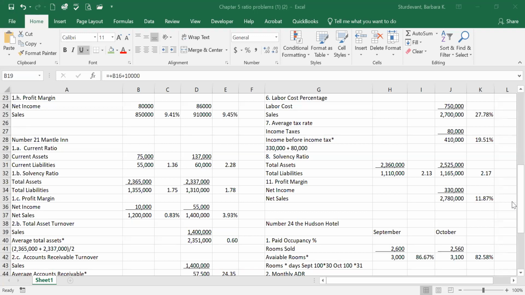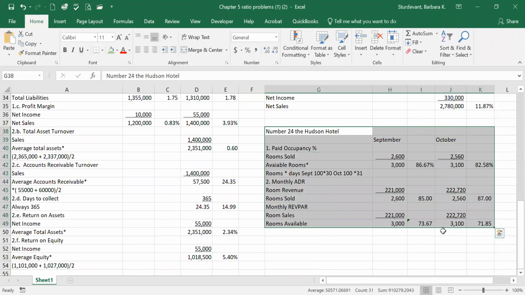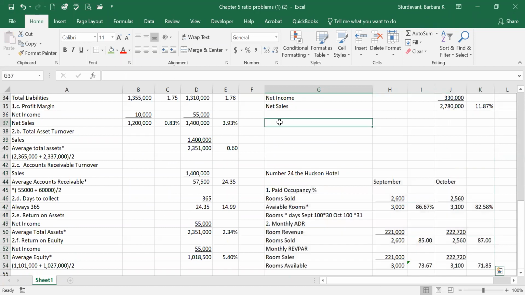I said, why don't we do the inventory turnover? Just for practice. So let me just move this down. All right, let's do inventory turnover.